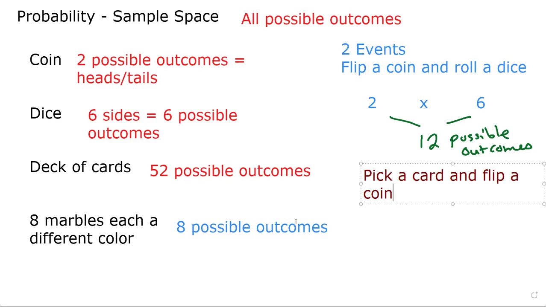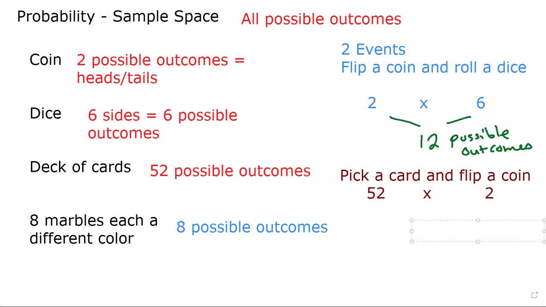Now we know that picking a card is going to be 52 chances here. Flipping a coin is only 2, and then you just multiply them. So 52 times 2 is 104. 104 possible outcomes.